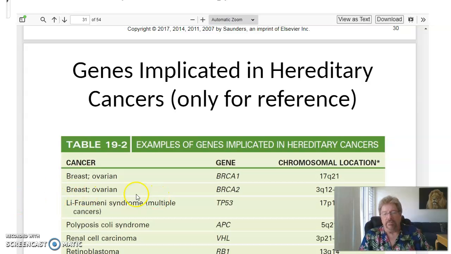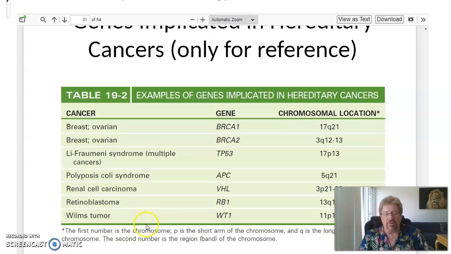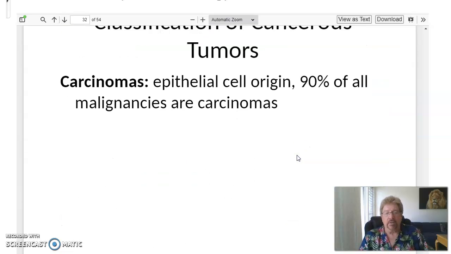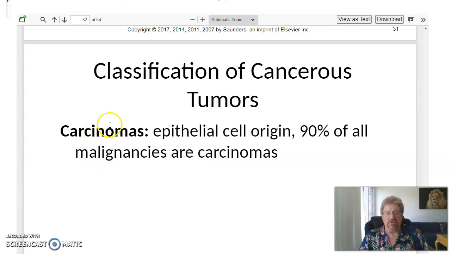Okay, these are genes. You can look at this yourself, guys, but it just shows genes for certain cancers and where they're found on the chromosome. Classification of cancerous tumors. Carcinomas, we mentioned that, of epithelial origin, make up 90% of all cancers. Breast cancer, cervical cancer, prostate cancer, lung cancer, are all carcinomas.